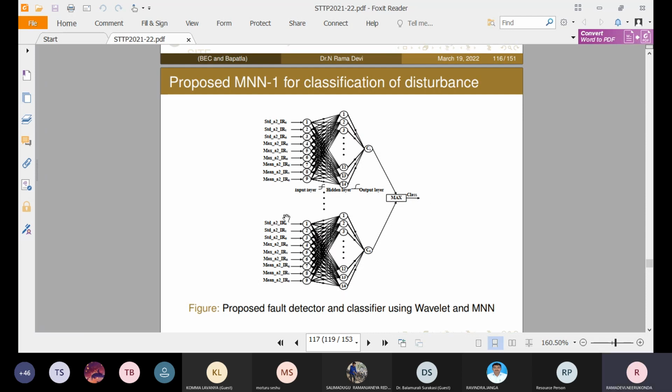Sorry, not 9 modules, the disturbances are 6. So there are 6 modules of FNN, and those 6 outputs are given to the mux, and we get the final classification value.